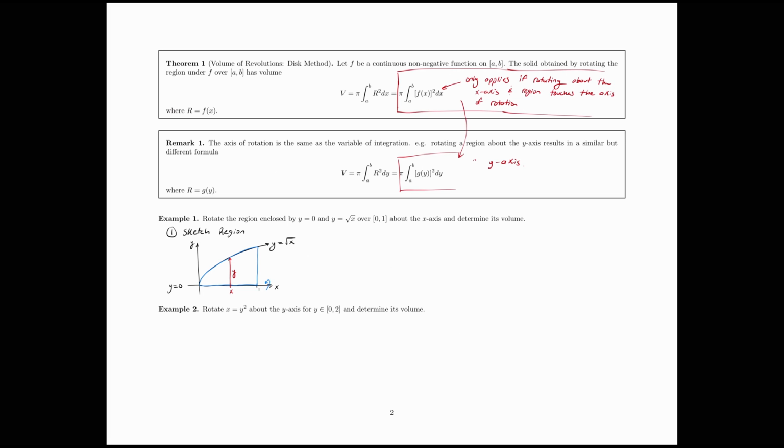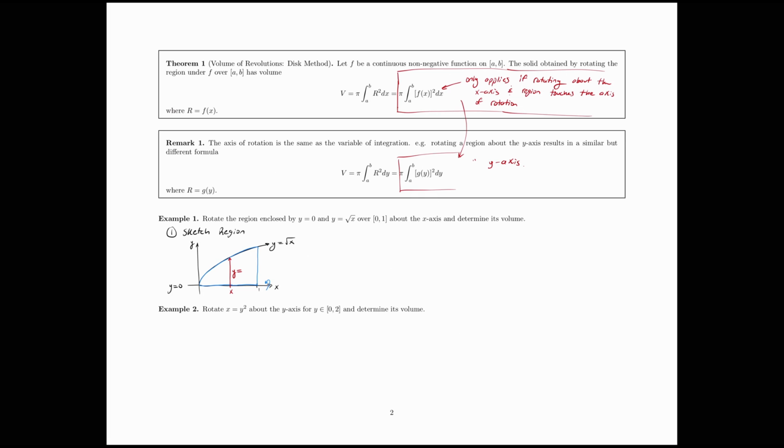So if we're at some arbitrary x value, then the length of this line segment is the y value that corresponds to this x value on this curve, since that's where the line touches. So the radius, if we wanted things in terms of y, which we don't, we would leave as y.